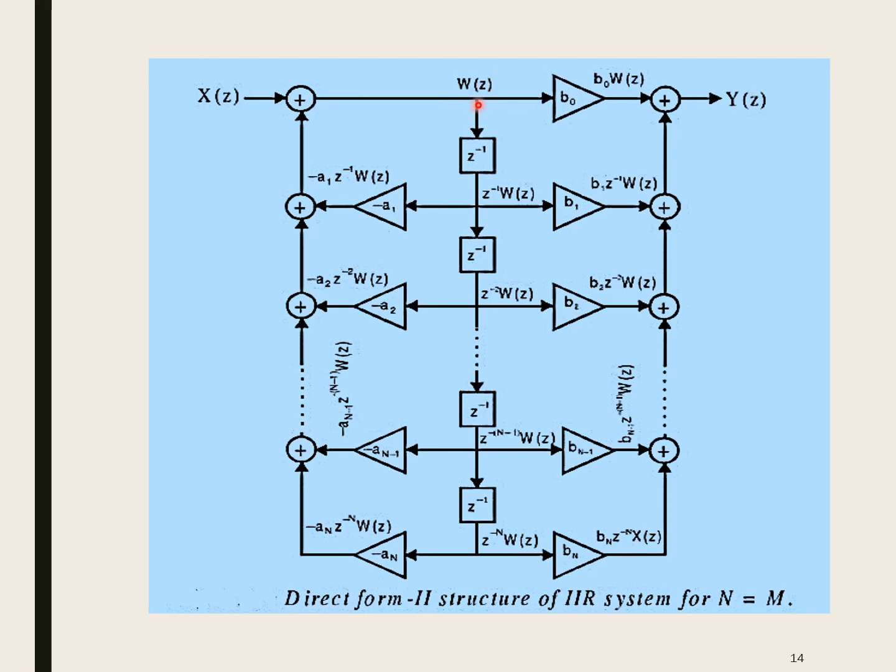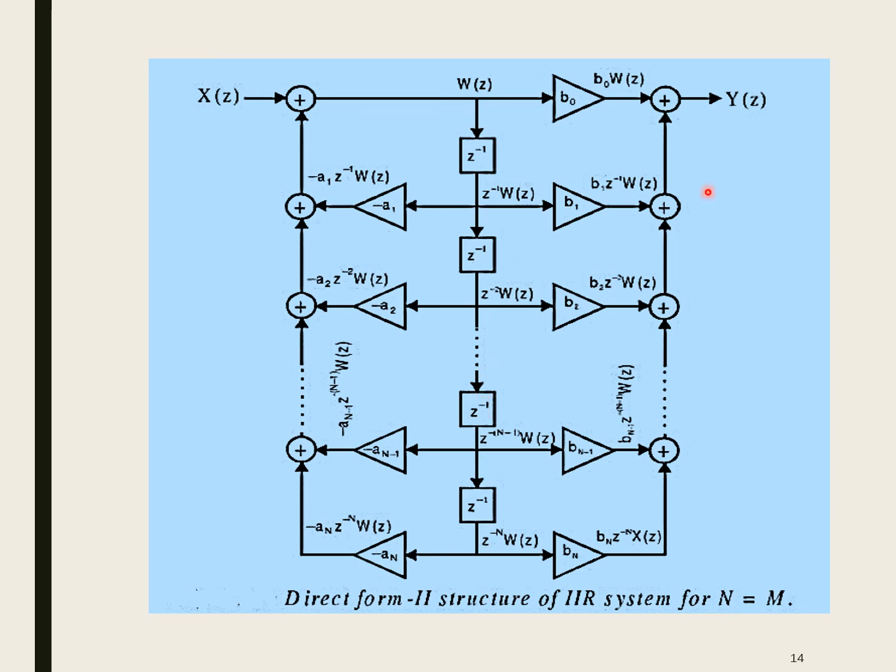W of z is equal to, so with the help of delay elements, multipliers and adders, we can obtain the same equation. So now this has become a common point. So what happens here? The number of adders as well as the number of delay elements are proportionately reduced, which makes these delay elements a common pipeline.